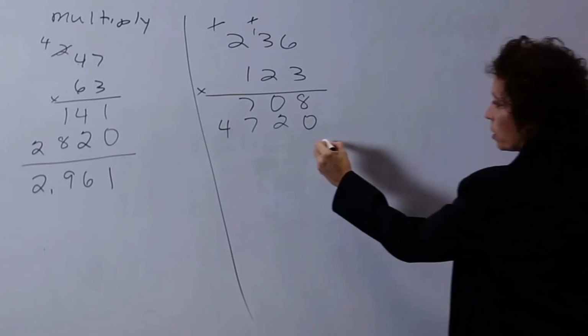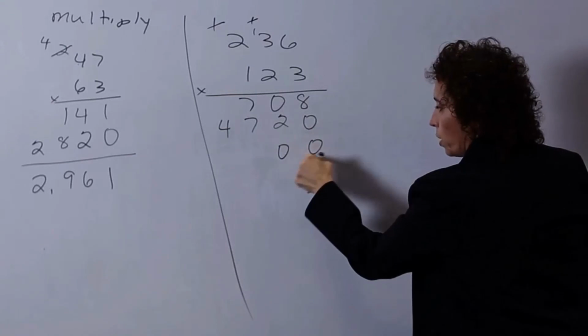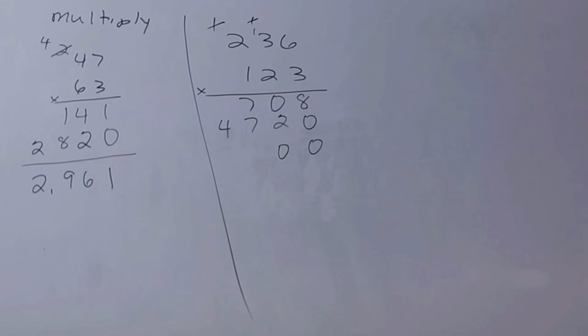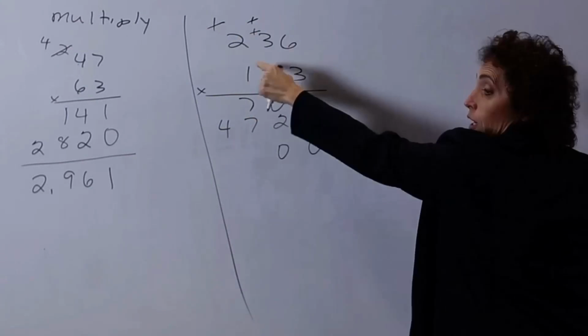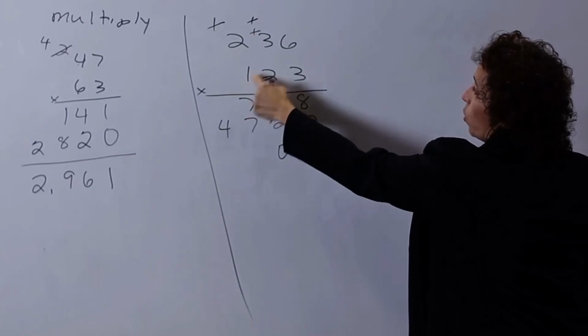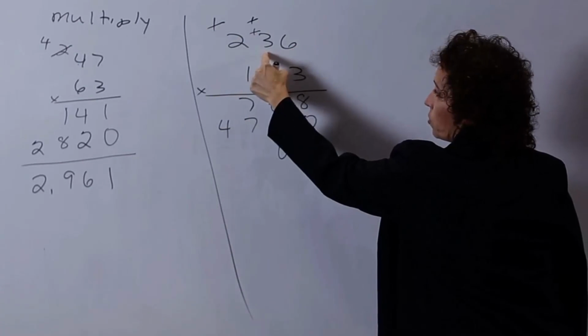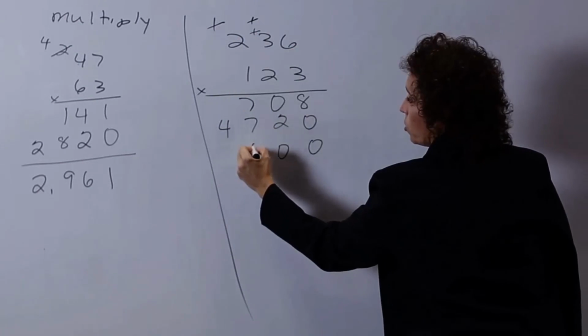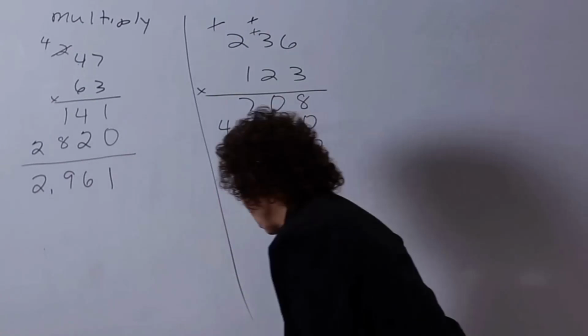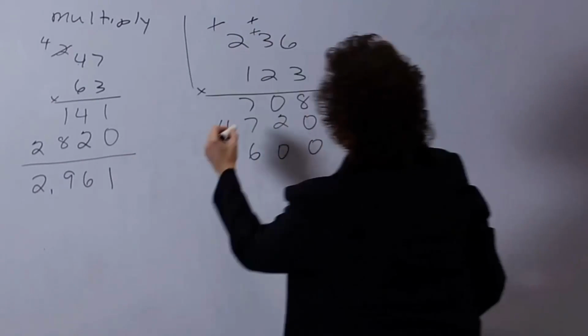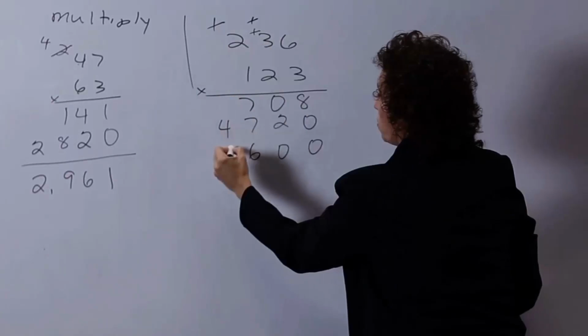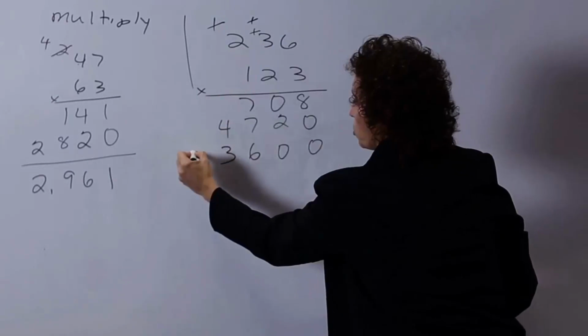Okay, now I need 2 zeros. So first 1 and then 2. Again, I might want to cross that out. And now I just have to take the 1. Well, 1's easy. I'm glad I got a 1. 1 times 6 is 6. 1 times 3 is 3. 1 times 2 is 2.